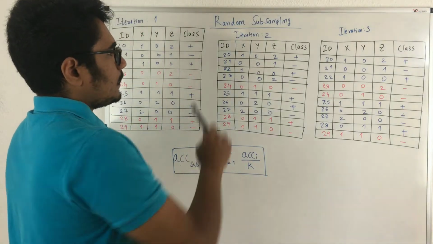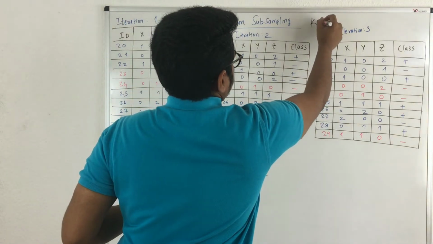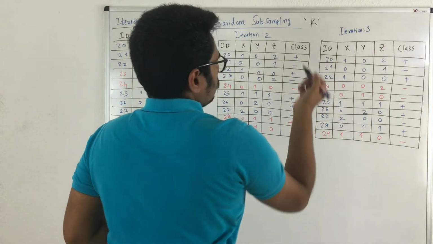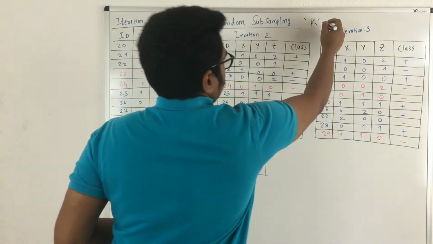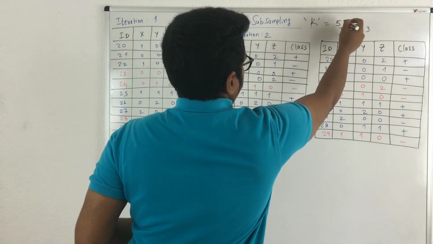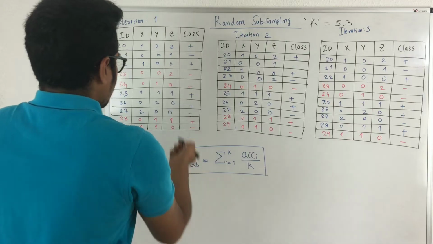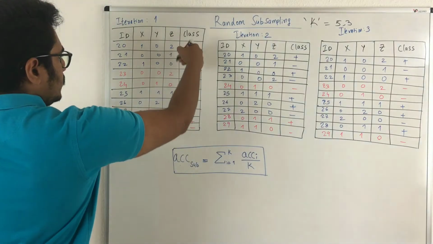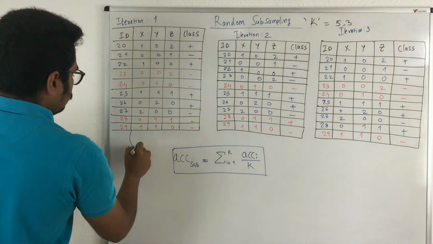Now the first question is how many iterations do we have to take? That depends upon the analyst, and it is determined with the help of a factor called k. k is an integer, so if it is 5 or 3, you iterate that many times. After each iteration you train the model with the training data set, and then you evaluate on the test set, and you get some error.